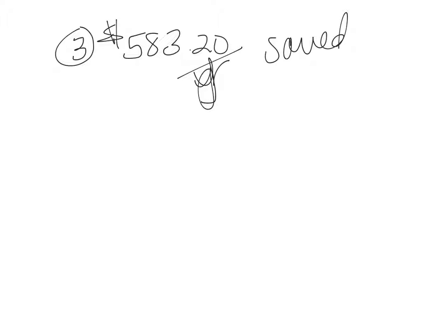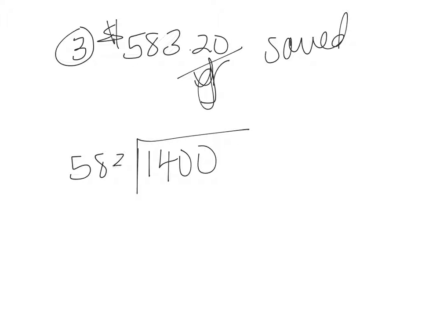And so if we take the price of the refrigerator, which is $1,400, and we divide it by 583, and this is the price per year, then when we do this math out, we know it's going to go in twice, and we're going to have 1176 here. We're going to subtract, and we're going to get 234 as our remainder.